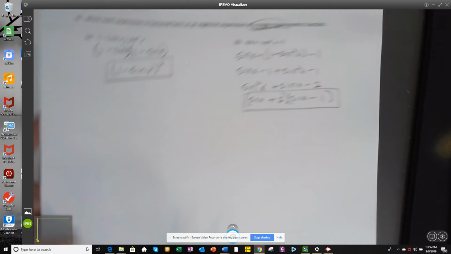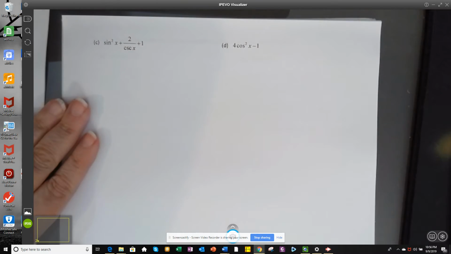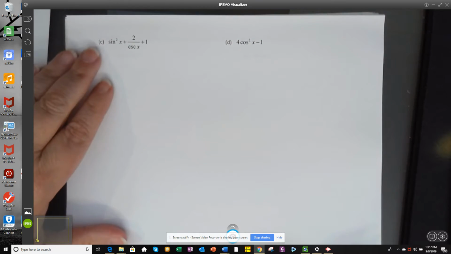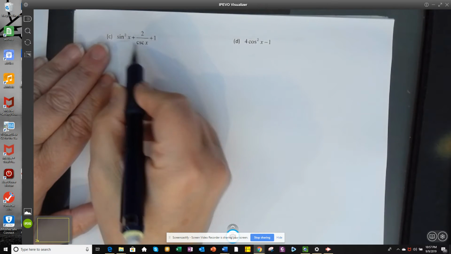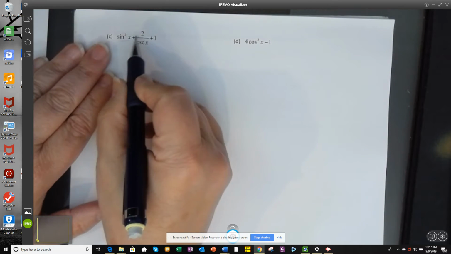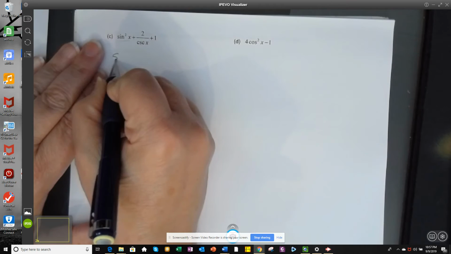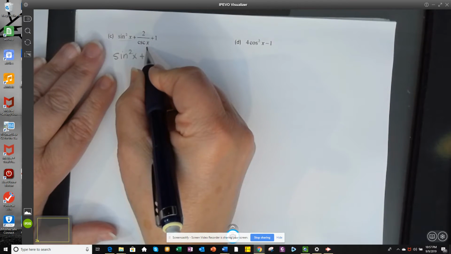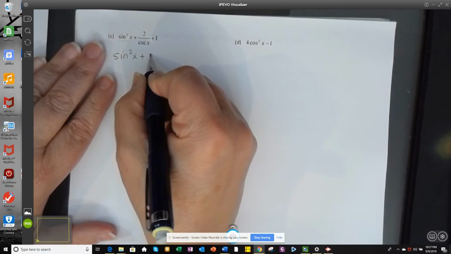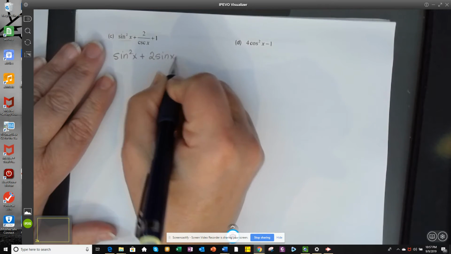Okay? More practice. All right, we're going to do the same thing here. I could change the sine squared, but I'm going to hold off and figure out what this equals here in the middle. So I'm going to say sine squared x plus, well, what is 1 over cosecant x? You're right. It's sine x plus 1.